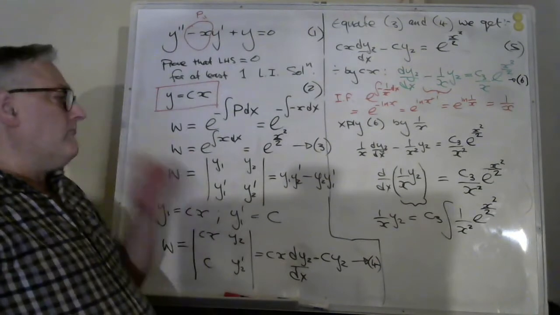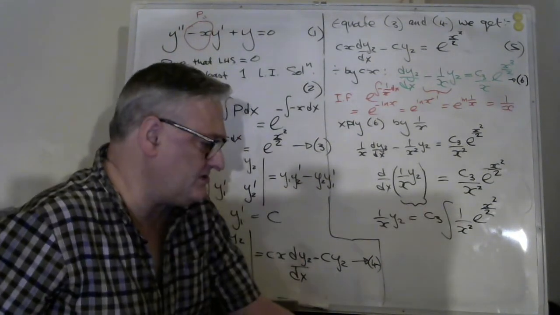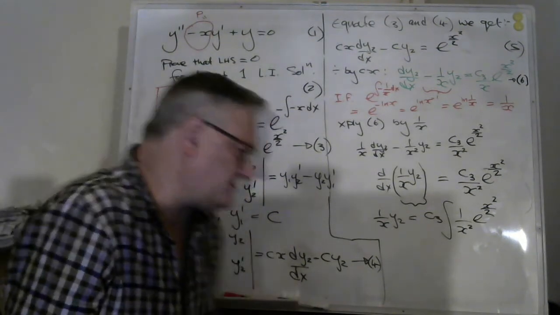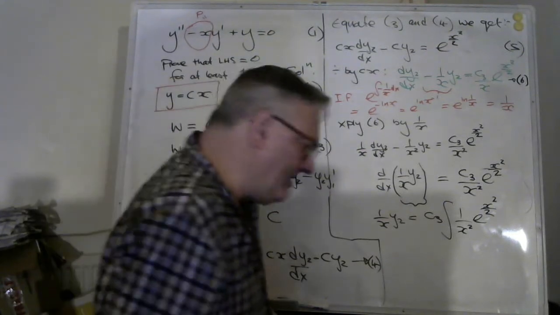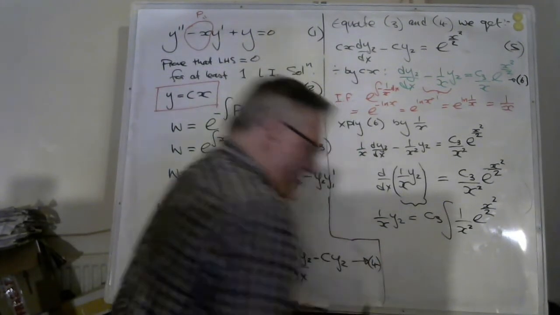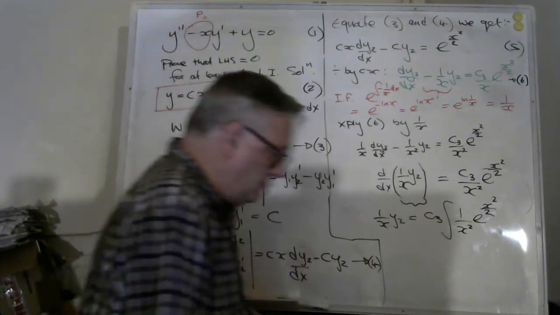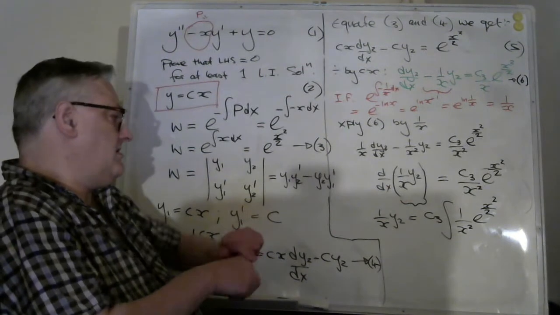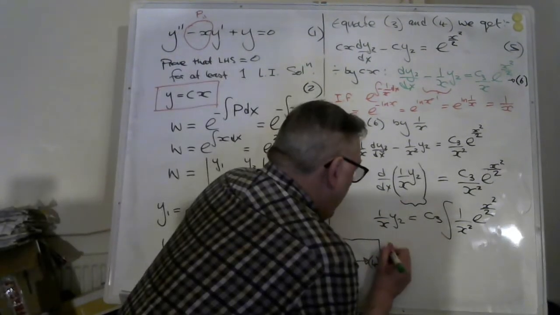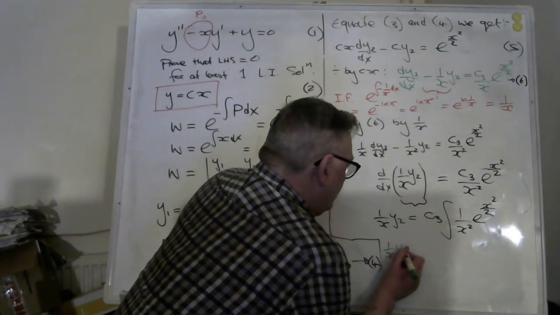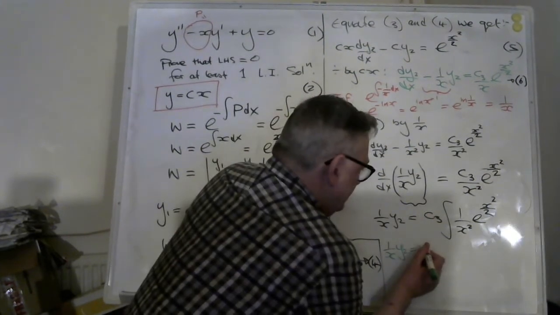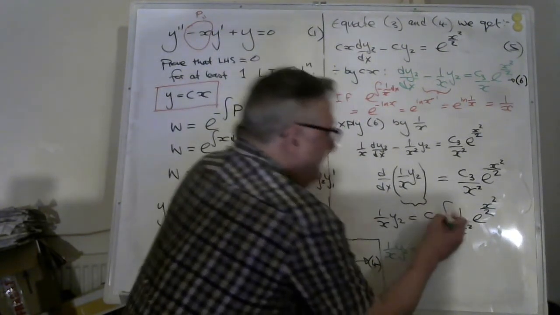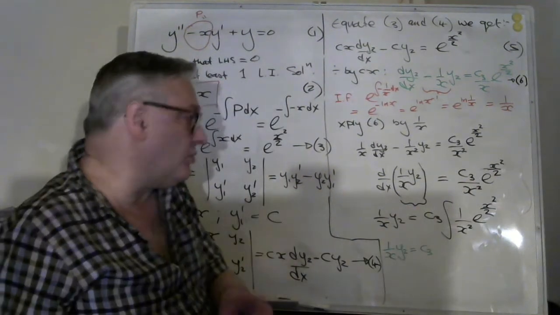Right. Now what I'm going to do is attempt to integrate the part on the right hand side. And actually what you get if you do that is, and I'll write it in green, I think. So we've got 1 over x y2 equals c3, because you have to integrate this by parts, by the way, if I didn't already say that.